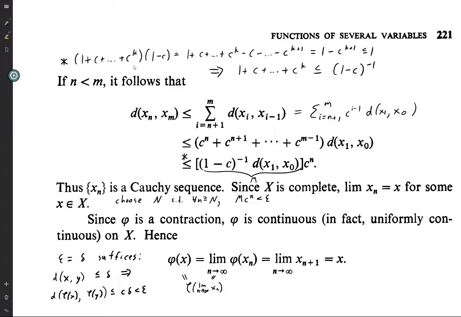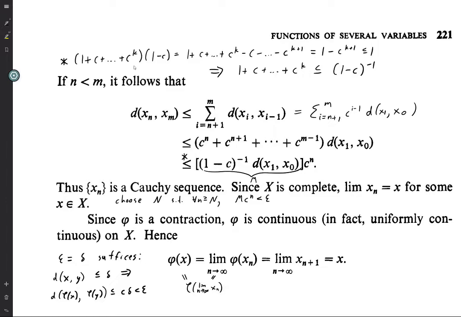A bunch of these terms will cancel out, and what we'll be left with is 1 minus c to the k plus 1. And c is a value which is less than 1, so if you raise it to this power, that's also going to give you a value which is less than 1.